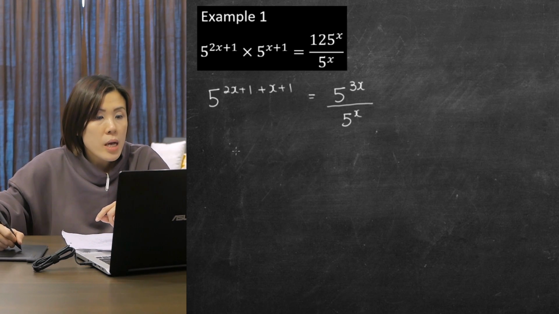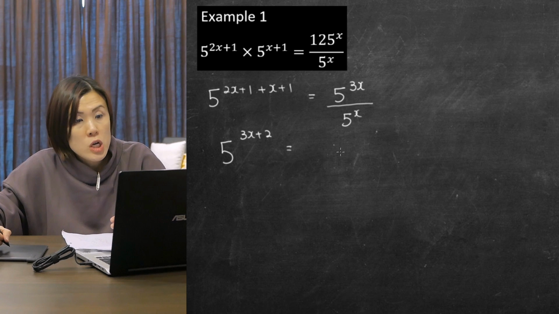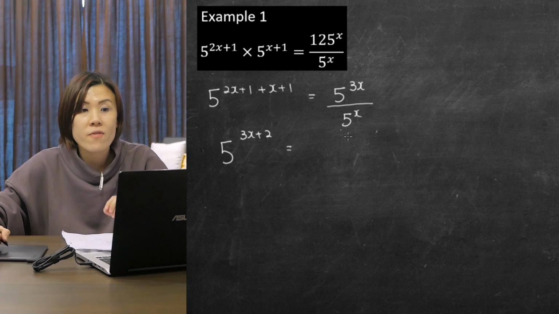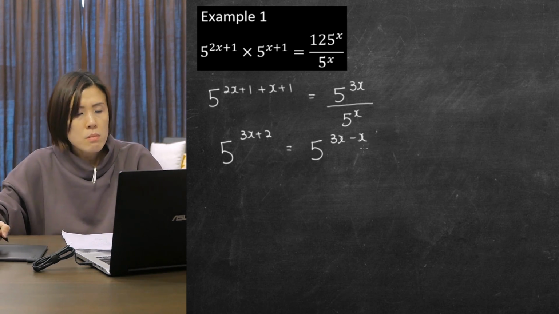For the left side, we can add their power, then we will have 3x plus 2. And as for the right side, since there's a division involved, and the bases of these two indices are the same, we can simplify this by finding the difference of their power, which is 5 to the power 3x minus x.